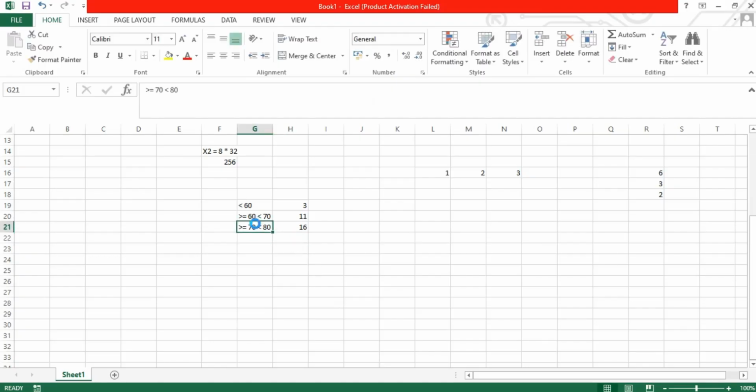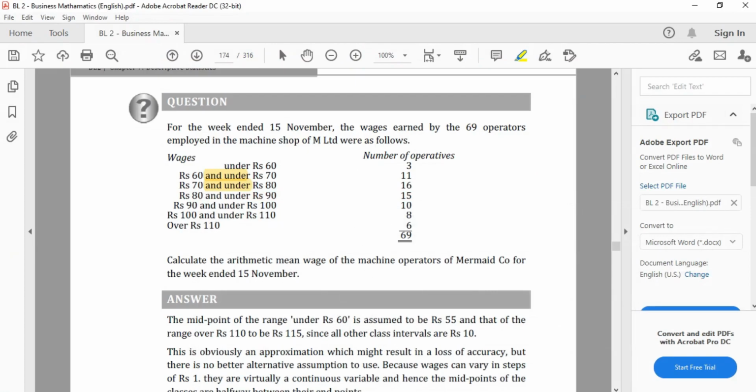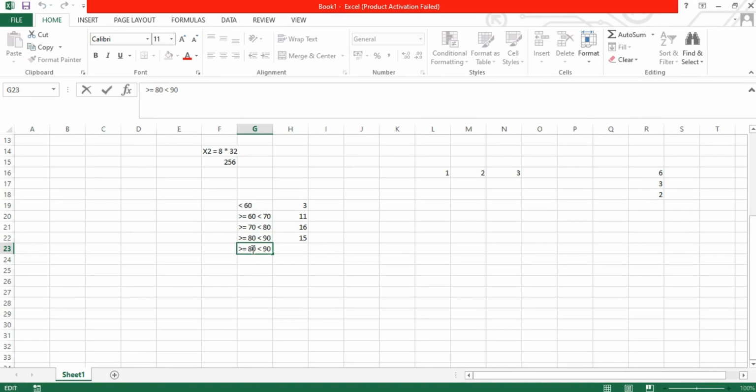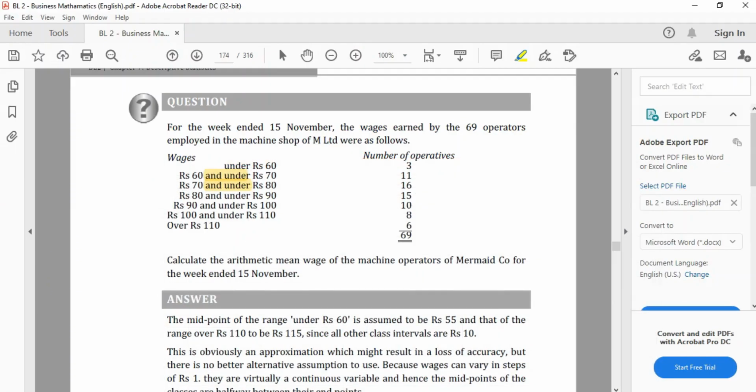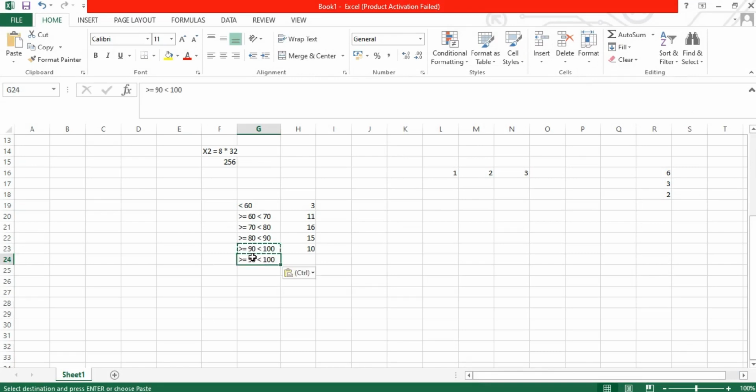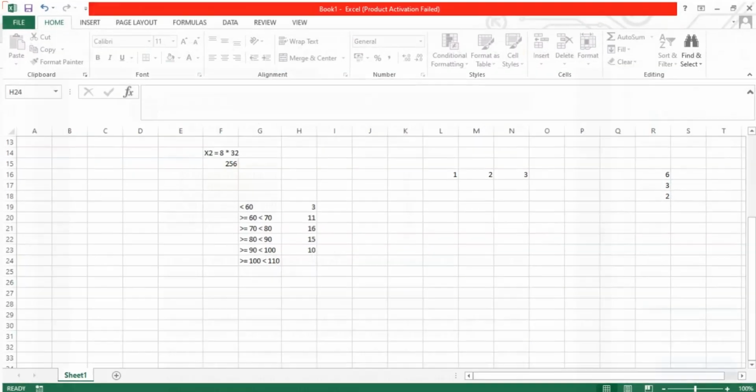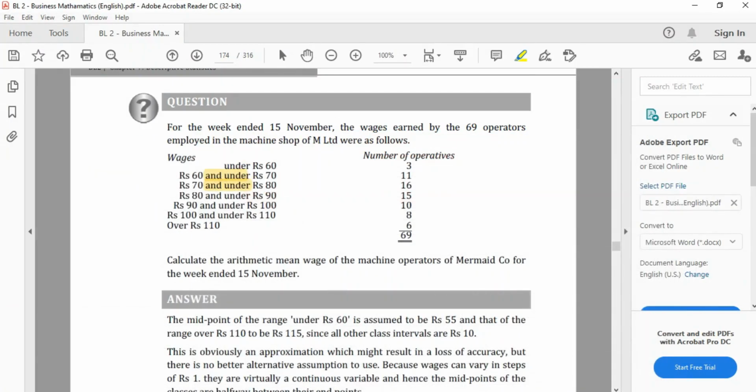Then 80 to 90. 50. The rest is over 110.